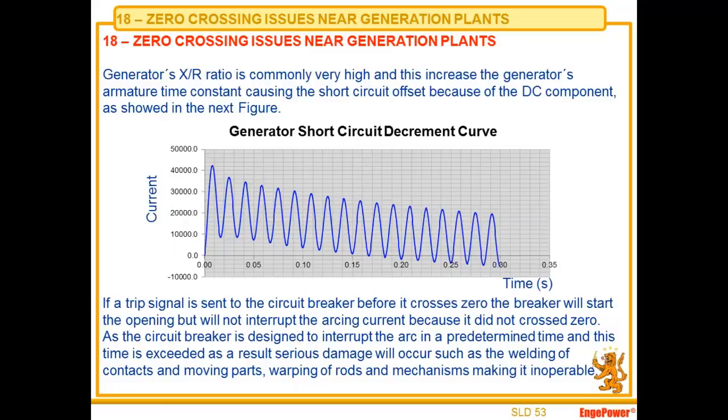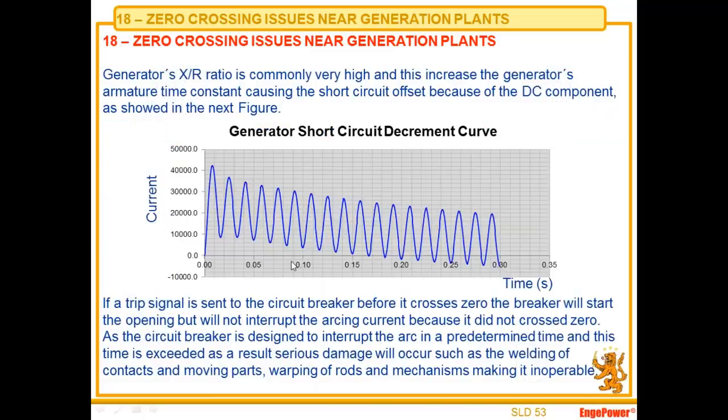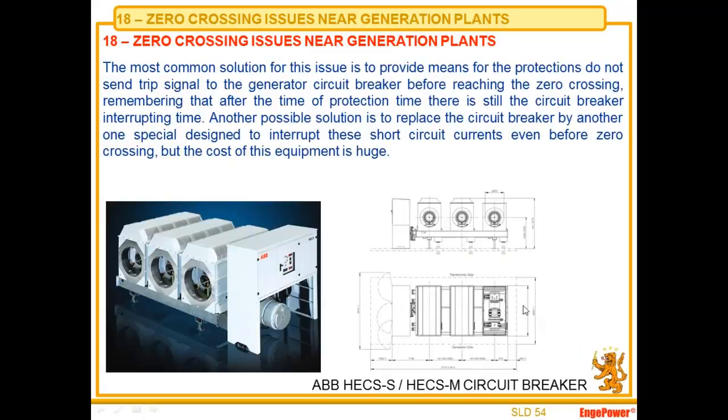There are some solutions. One of them is you buy a breaker that can withstand this trip, even without crossing zero. But this is a big circuit breaker. Here is about 3 meters, and here 3 to 4 meters.